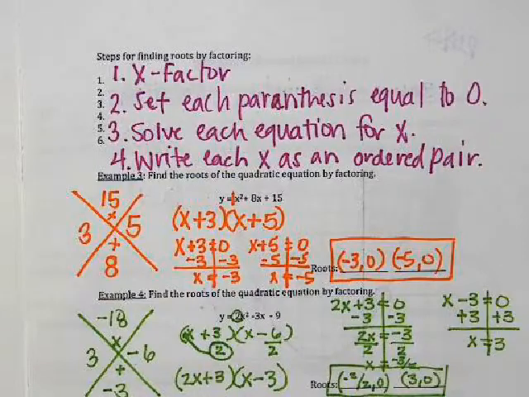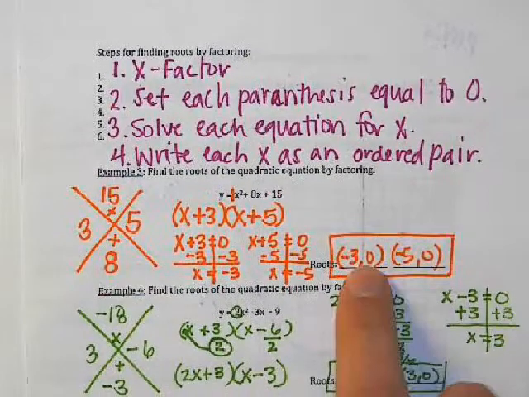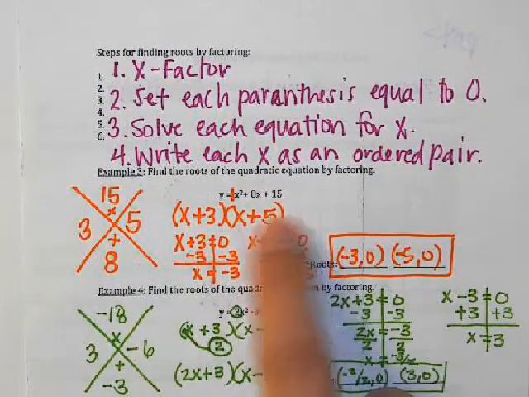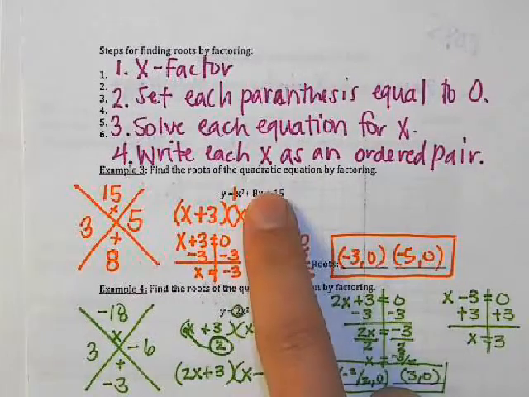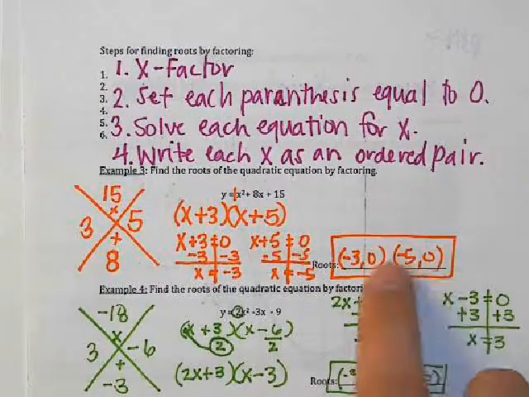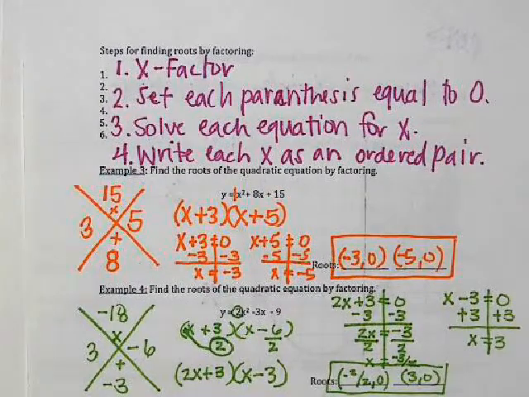Okay, so what we're going to do today is we're going to work backwards. Okay, I'm going to give you these answers and we're going to work backwards all the way up to this equation. So now I'm giving you the x-intercepts. I want to know what would the equation be of this quadratic function to have these x-intercepts. Okay, with me?